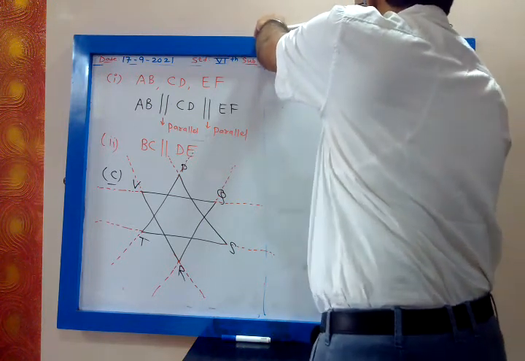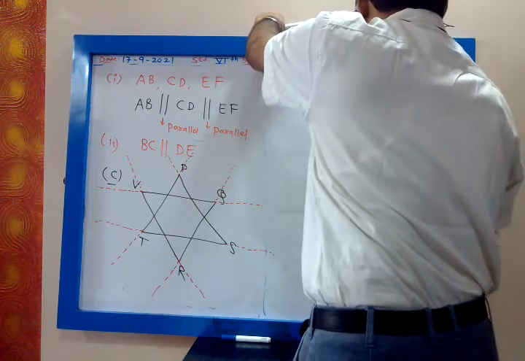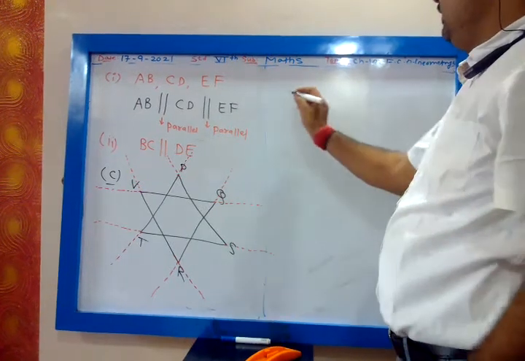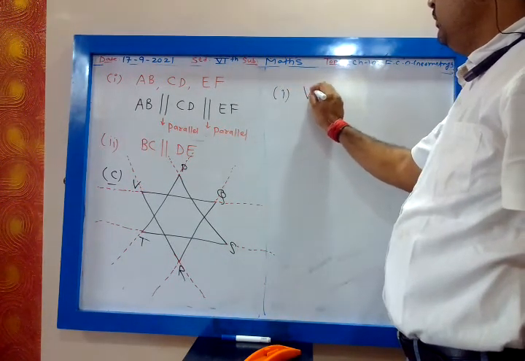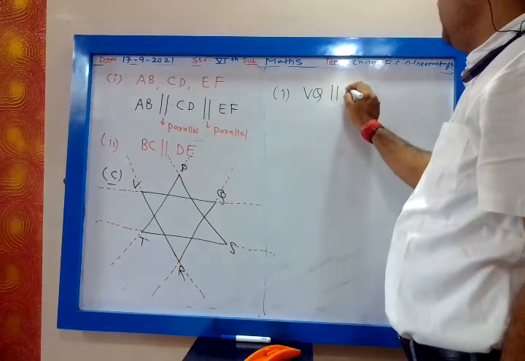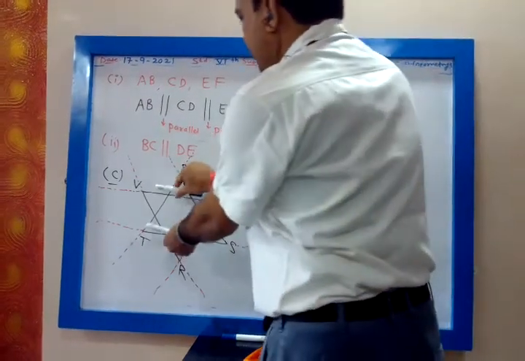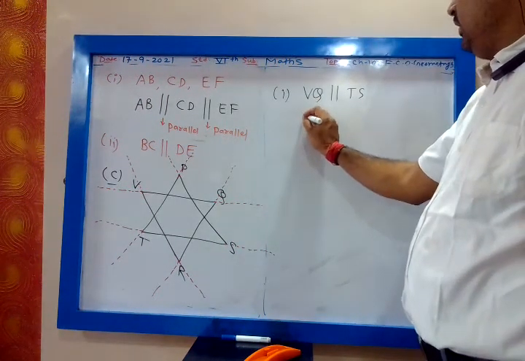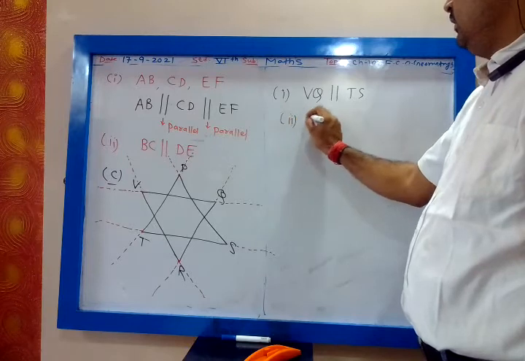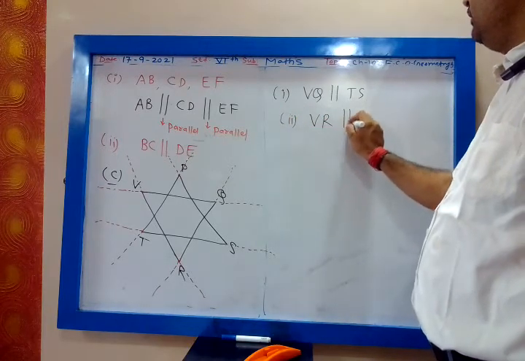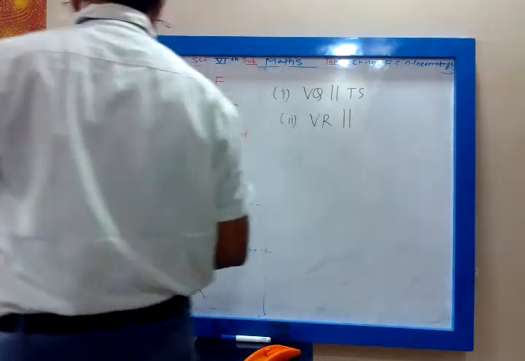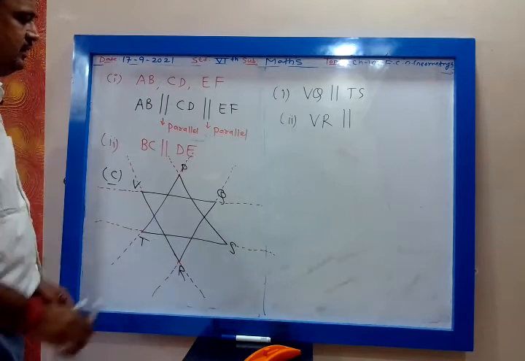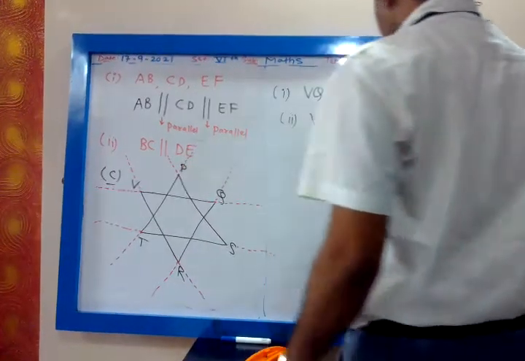VQ and TS first. Yes, VQ is parallel to TS. Very good. Then second, VR is parallel to PS.